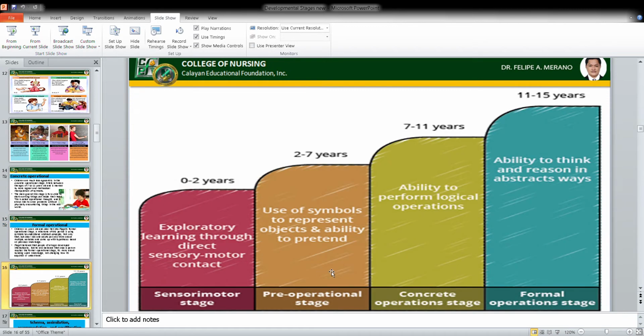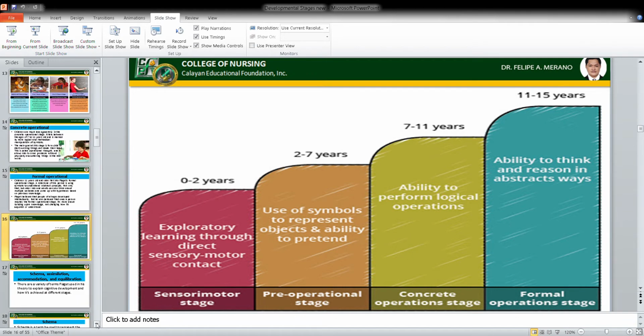Now, let's proceed. Here are other figures to better explain the sensorimotor, preoperational, concrete, and formal operational stages. So the levels are increasing. The same thing with our learning in nursing.